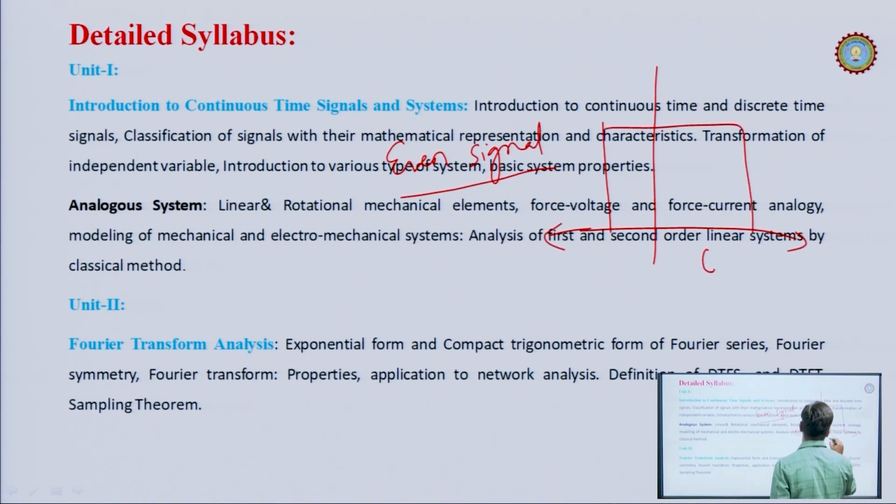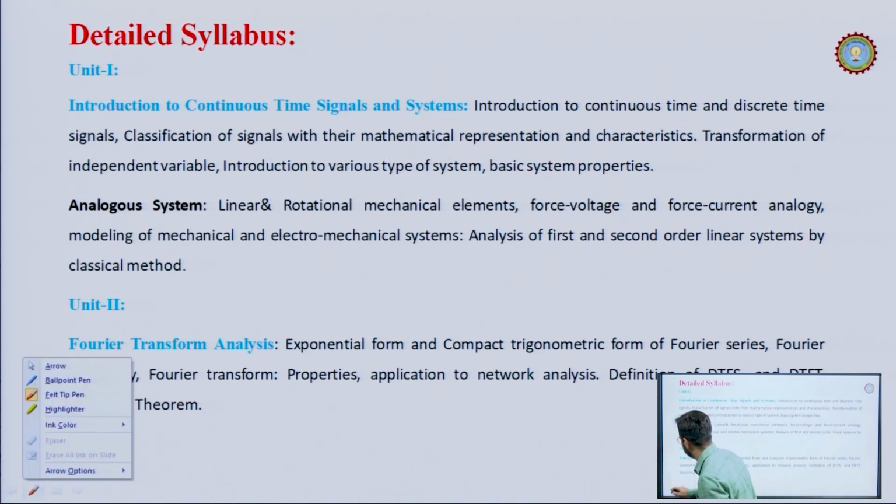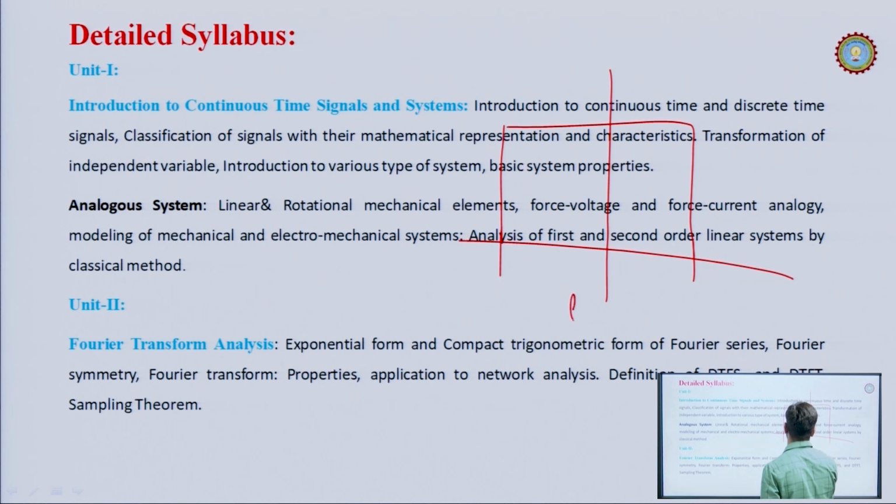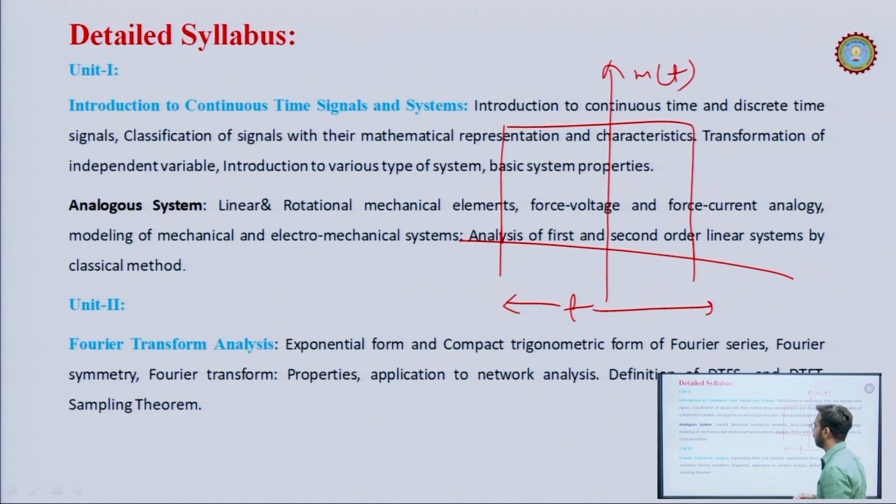Suppose this is the time and this is the magnitude, then this signal is an example of an even signal, because it is symmetric about the y axis. So, if a signal is symmetric about the y axis, we can say that signal is an even signal.